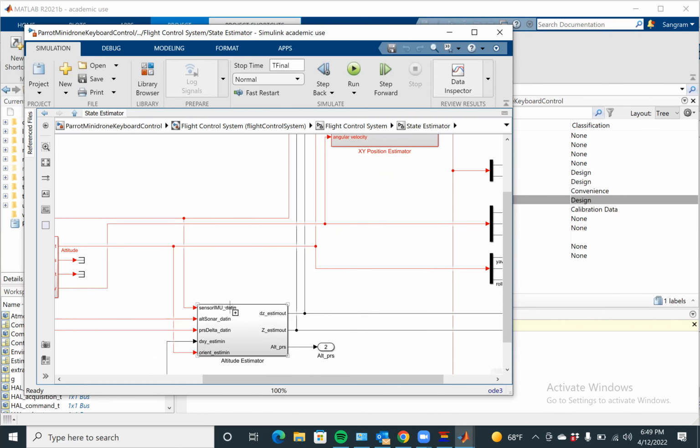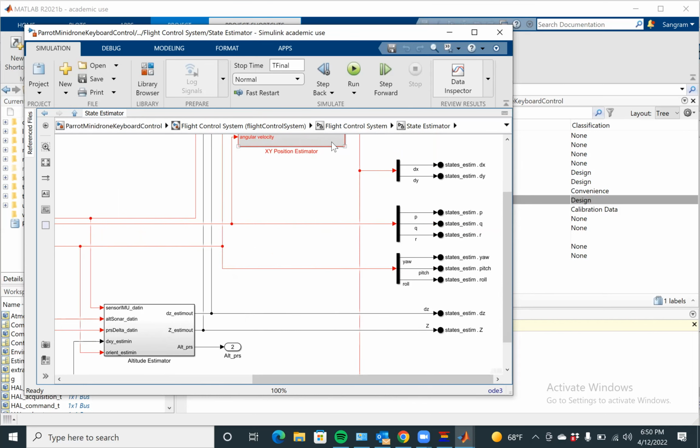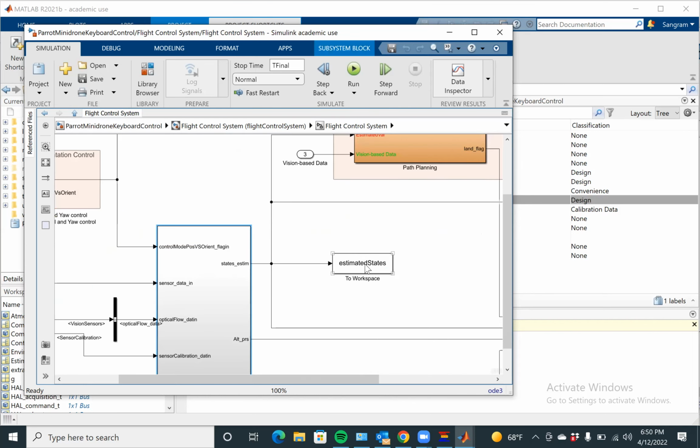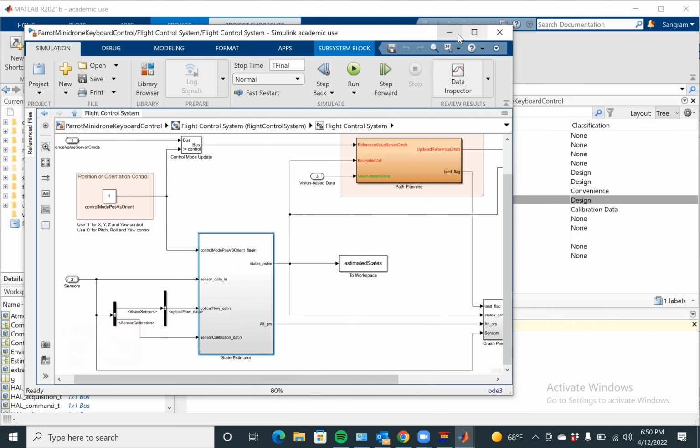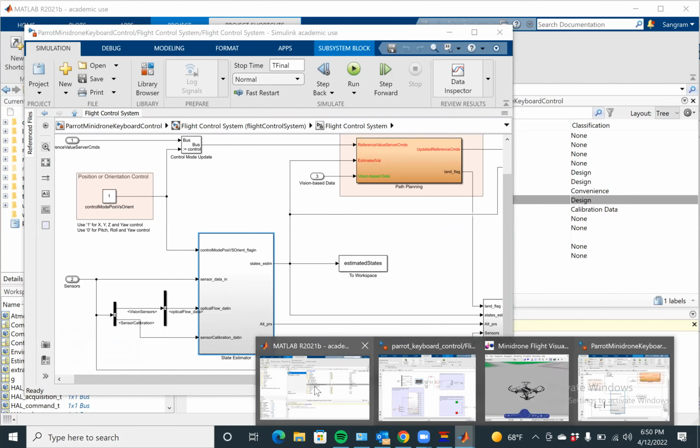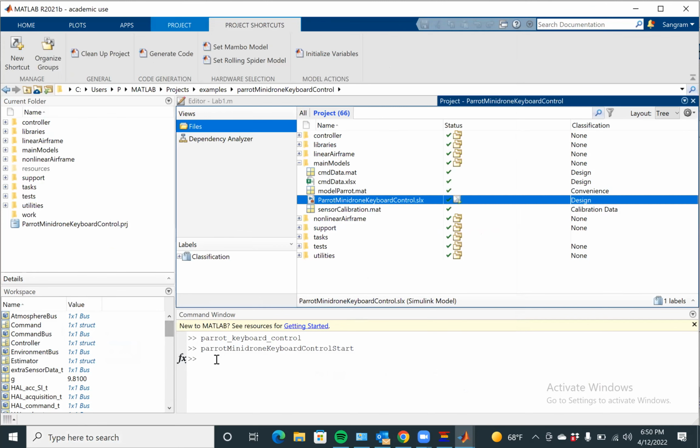You have all the sensor data coming in, that gives you the estimated outputs, and those estimates go out from this flight control system. So you can actually get these estimates to the workspace. What we talked about is actually implemented in here. So the position control.